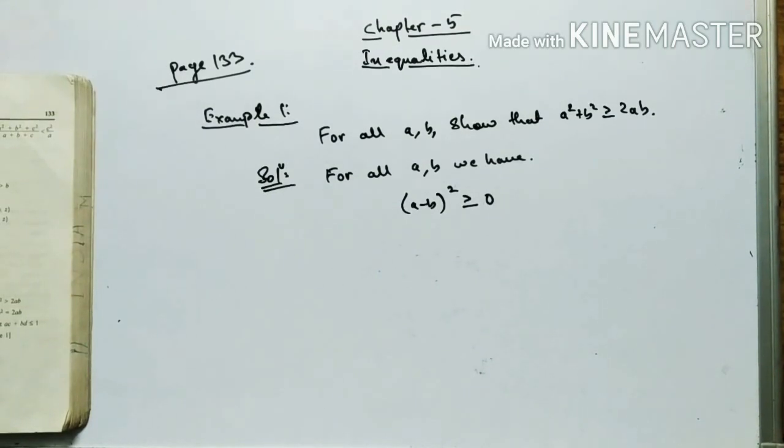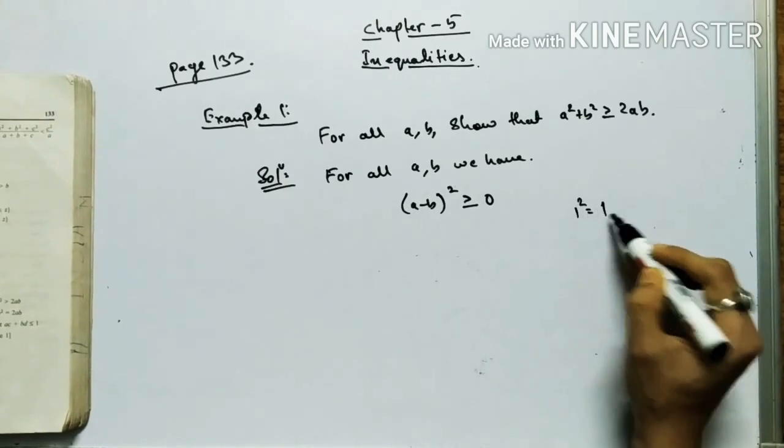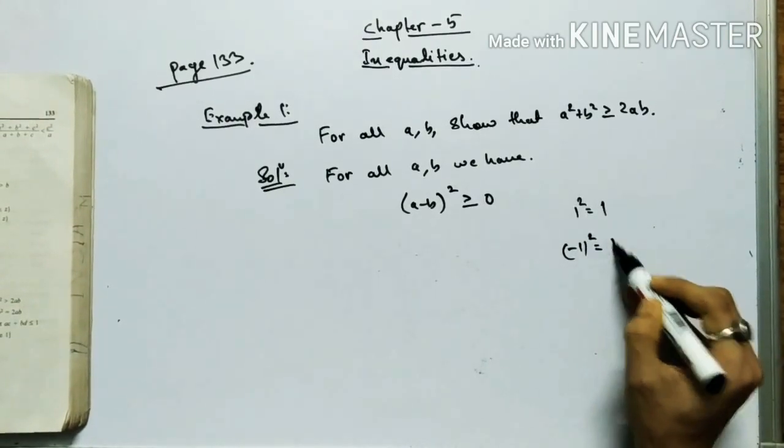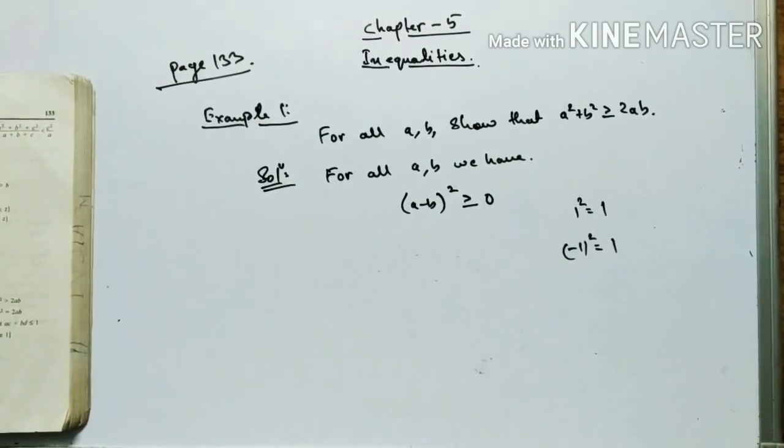If you take any number, either positive or negative, and square it, the answer will always be positive. Any number you take, 1 squared is 1 positive, minus 1 squared is 1 positive. It is always greater than 0.